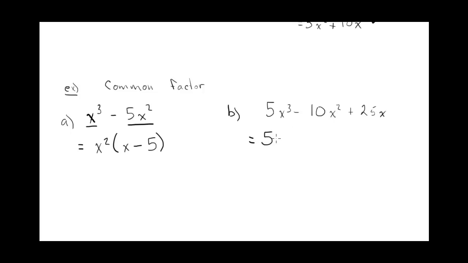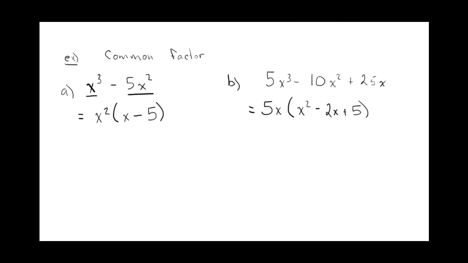That would be x. So there's our greatest common factor, 5x. What times 5x gives us 5x cubed? That'd just be x squared. What times 5x gives us minus 10x squared? That'd be minus 2x. And 5x times plus 5 is equal to 25x. So again, that's our greatest common factor.